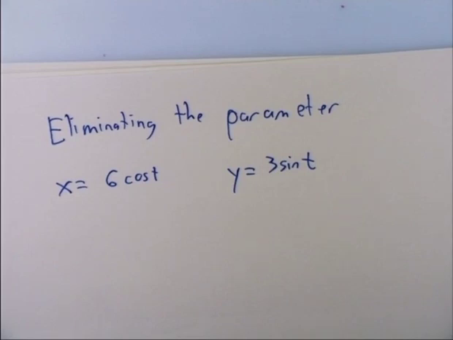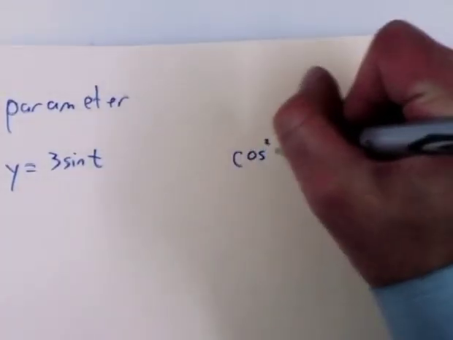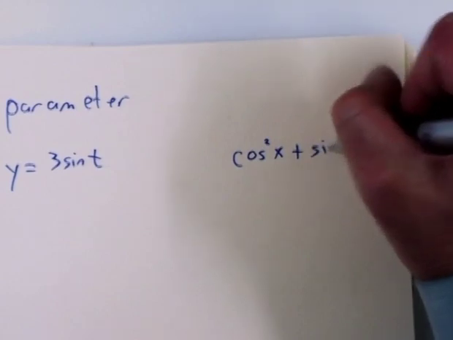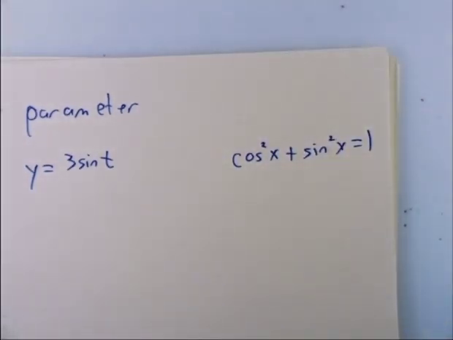And one trick that we can use, if we remember sine and cosine of a variable, what sometimes makes a variable go away is this wonderful equation we've all come to know and love, which is that cosine squared plus sine squared is equal to 1. What can we do with this then?